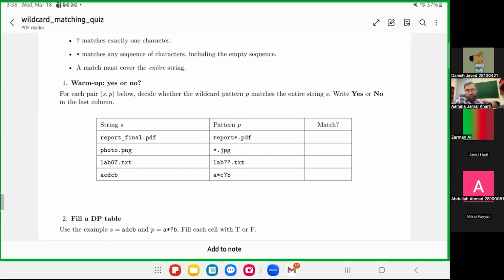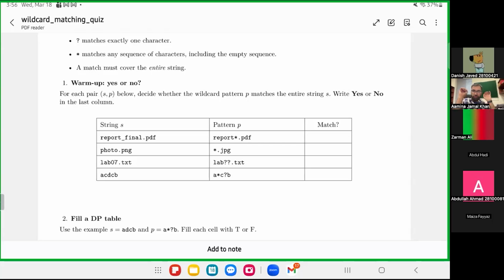It will find everything that starts with the string report, contains something, and then has .pdf. That's going to be a very helpful thing. This is called wildcard matching, and your goal is to design a wildcard matching algorithm.